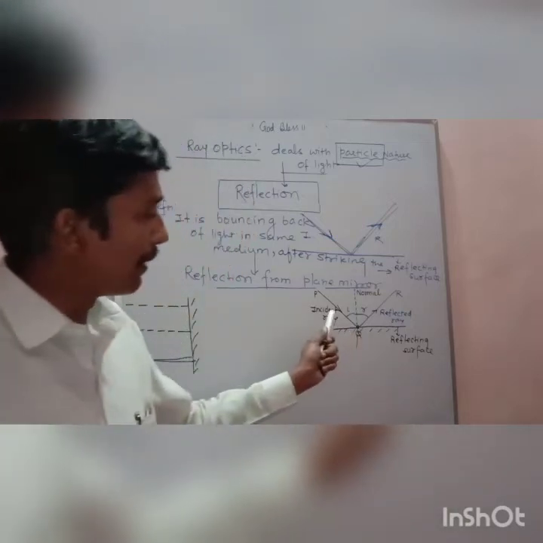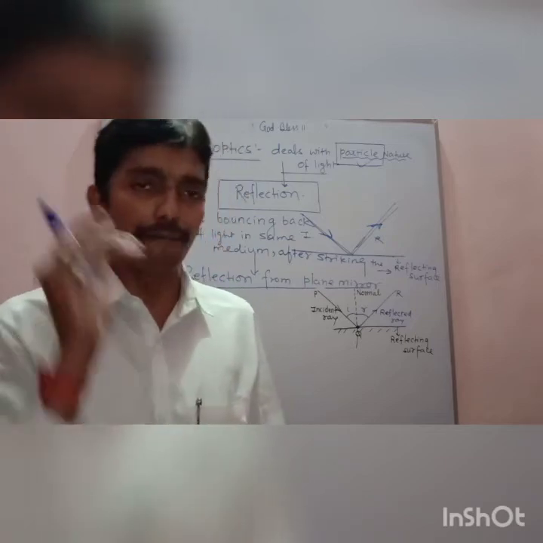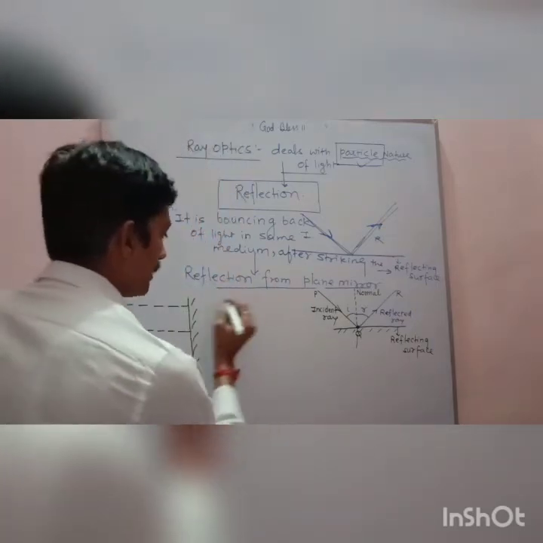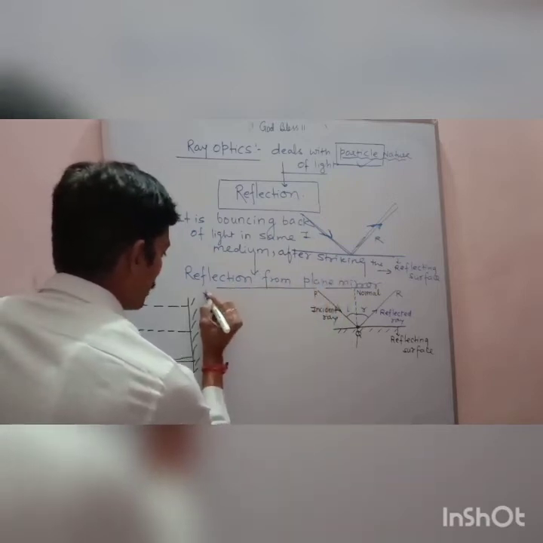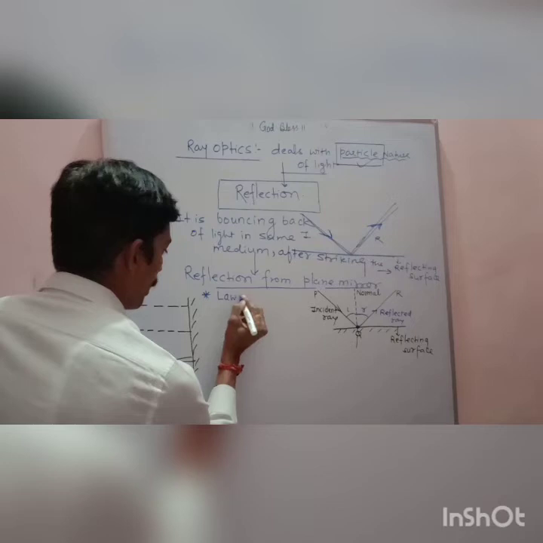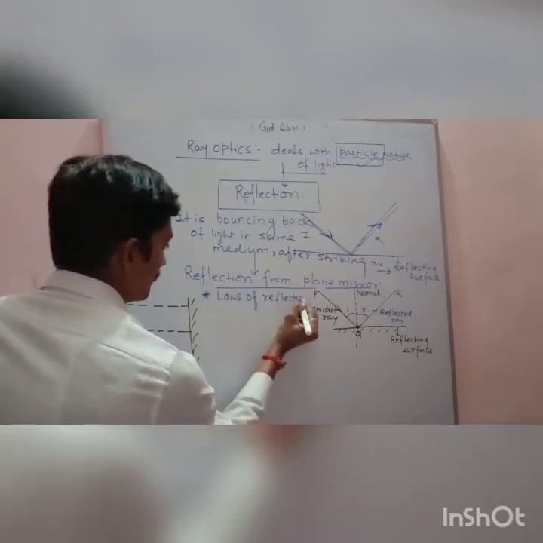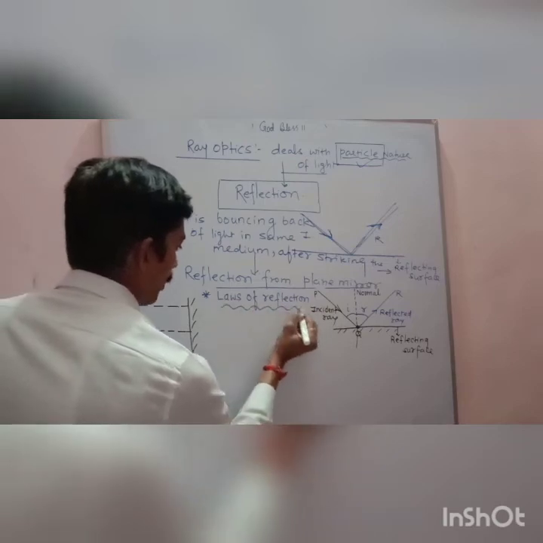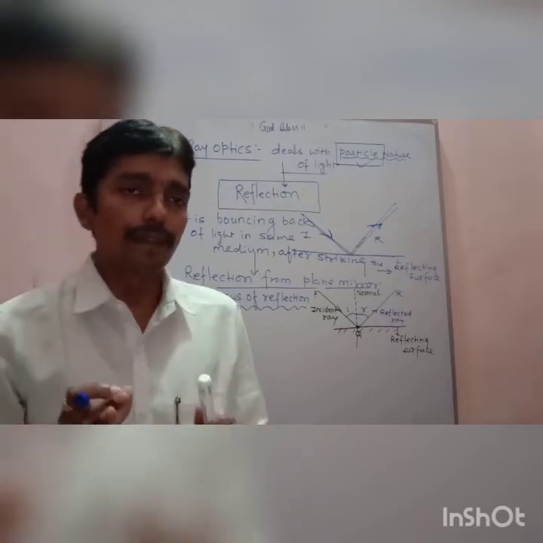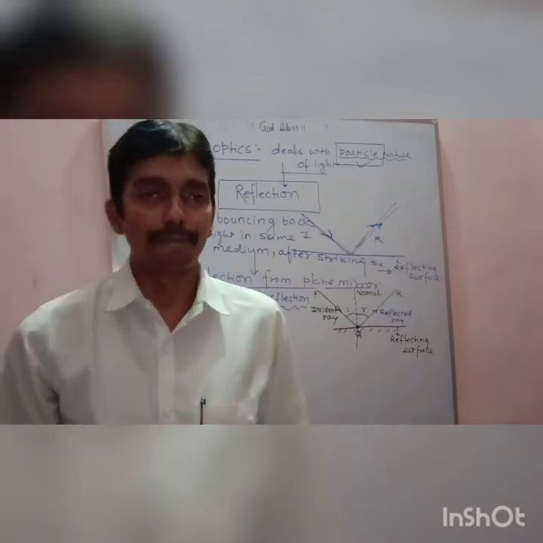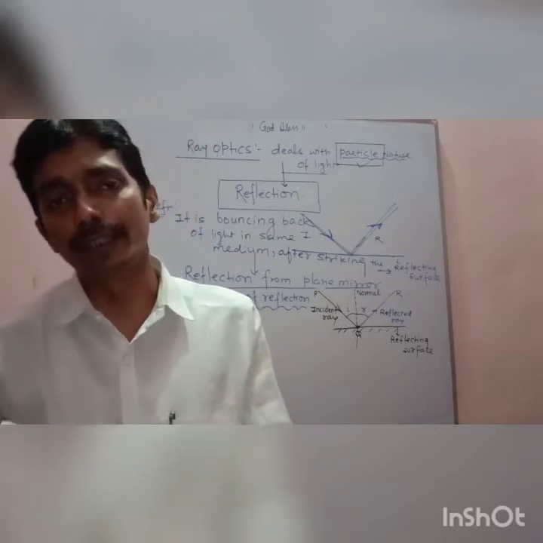From the diagram I am very sure the very first law we all know, the very first law of reflection is, here I am writing reflection from plane mirror, but the topic is laws of reflection. Because I think it is very important to show the laws first, either by doing with the plane mirror or by taking a reflection through the spherical mirror.